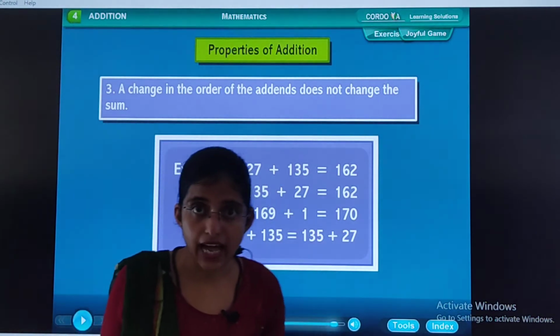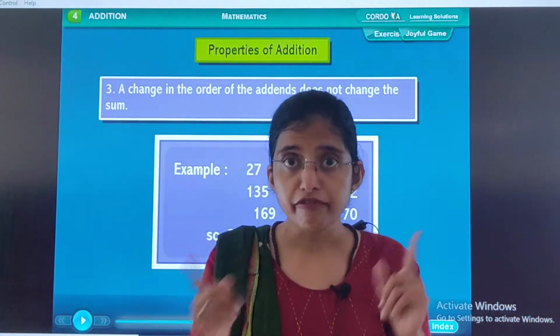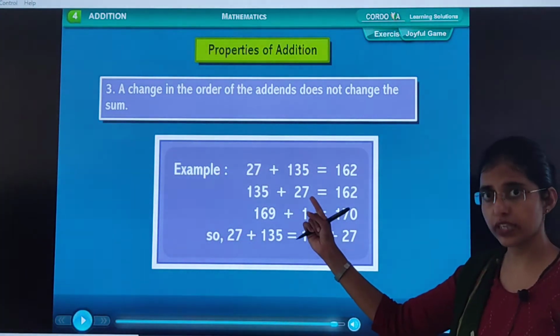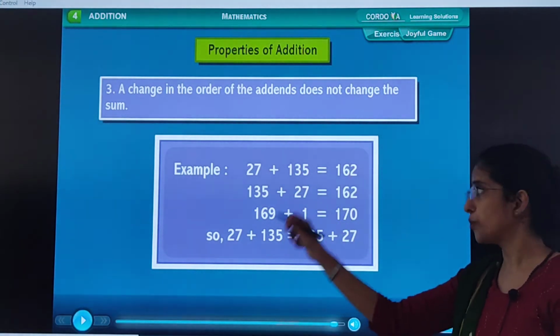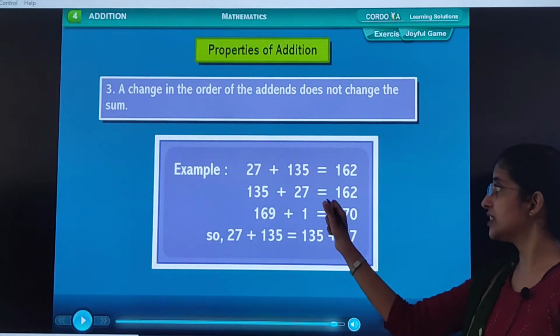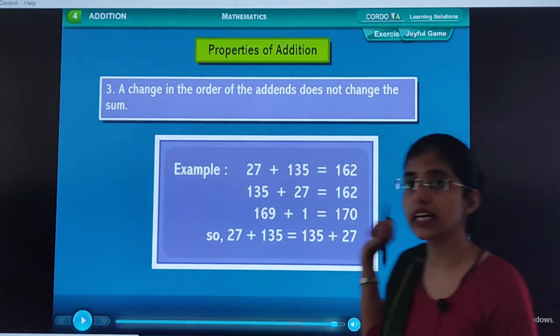It means that the sum does not change if we reverse the adding numbers. Okay, या हम 27 plus 135 करें तो भी हमें 162 मिल रहा है. हम 135 plus 27 करेंगे तो भी हमें 162 ही मिलेगा.